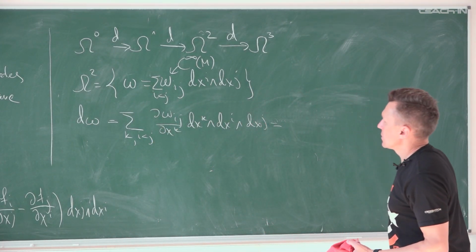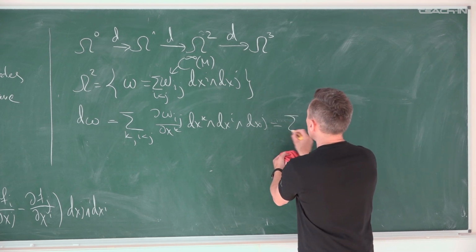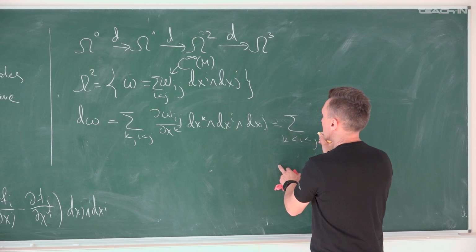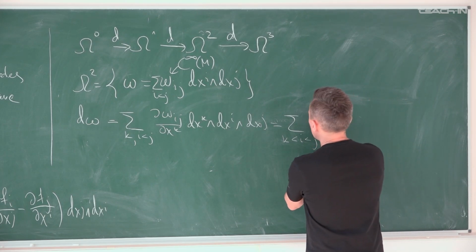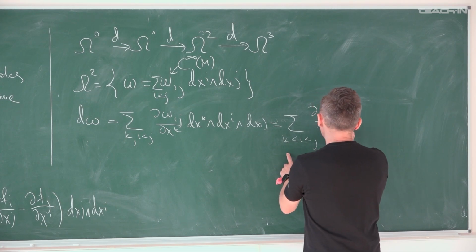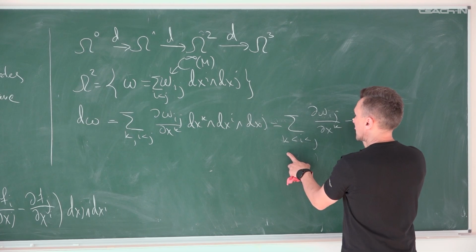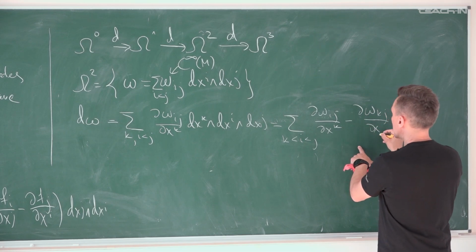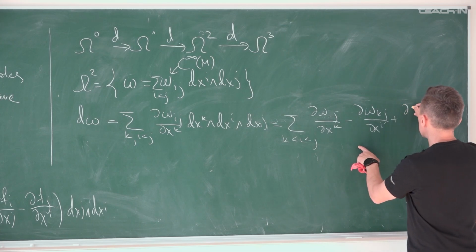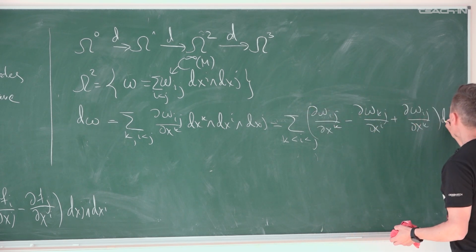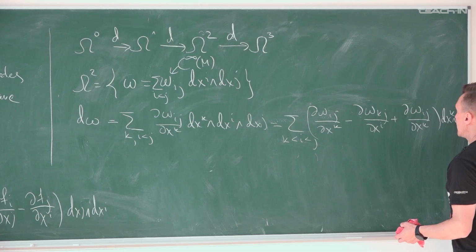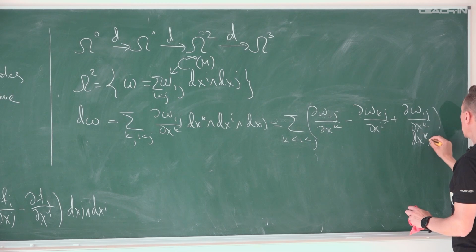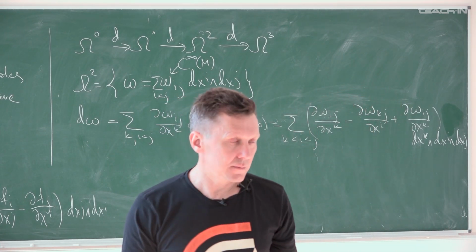And I'd like to write it as follows: sum over k less than i less than j of d omega ij over dxk minus d omega kj over dxi, and plus d omega ik over dxj, times dxk dxi dxj.